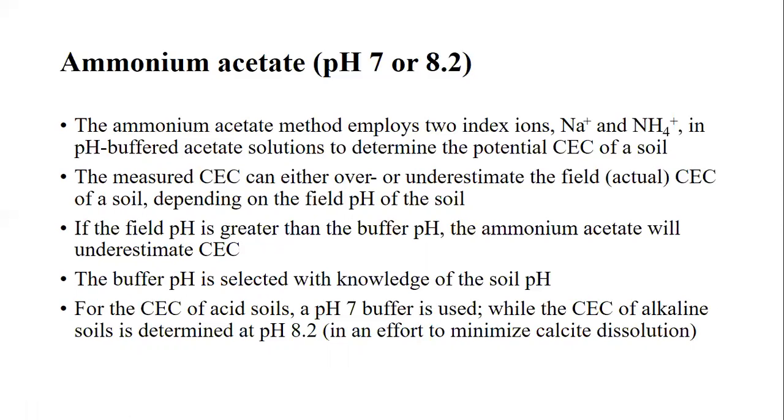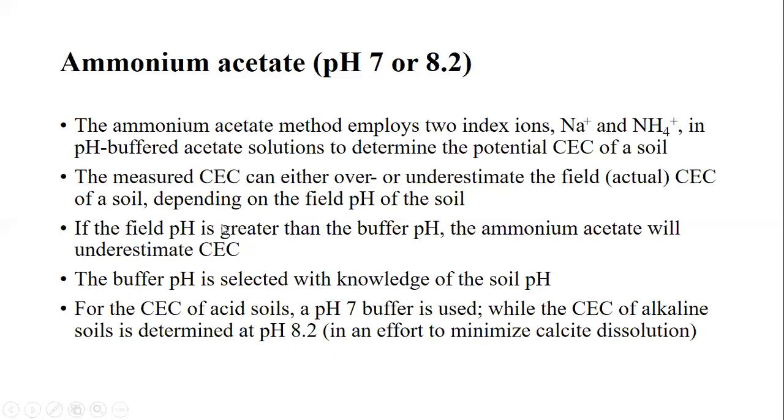So if the pH in the field is greater than the pH of the buffer, which means the buffer pH is less than the soil pH, the ammonium acetate will underestimate CEC. That means the charges we will have in the measurement are less than the charges that are in the field.